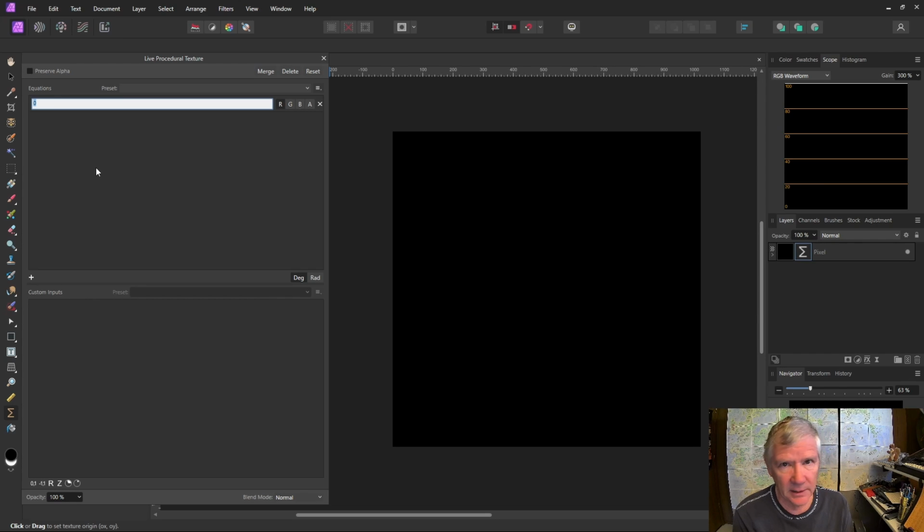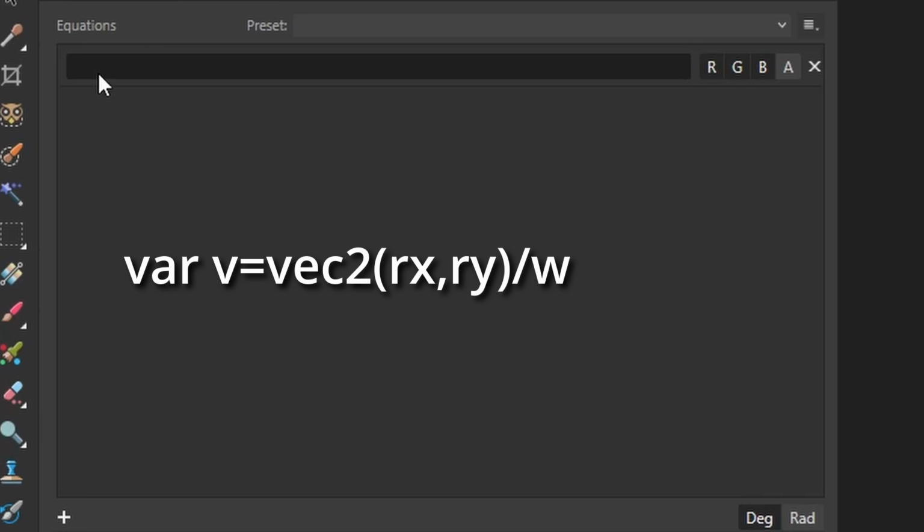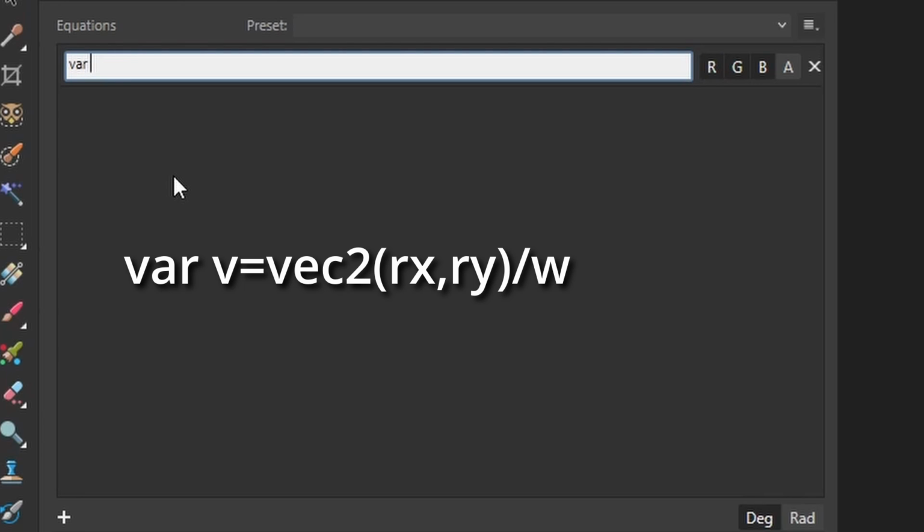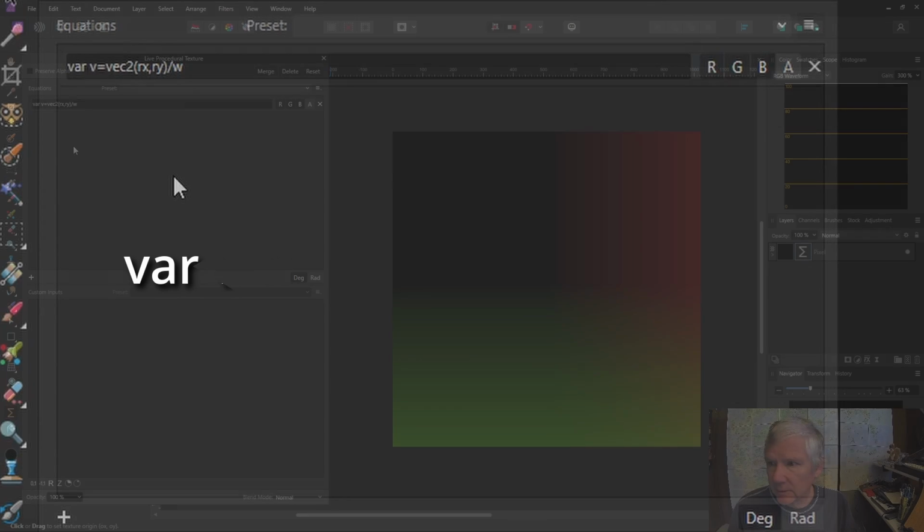And so if I want to do that, I'm going to add a variable v equals the vec2, a two-element vector that's made up of rx and ry, so the relative x and y coordinates, divide by w. And I'm going to just look at that.